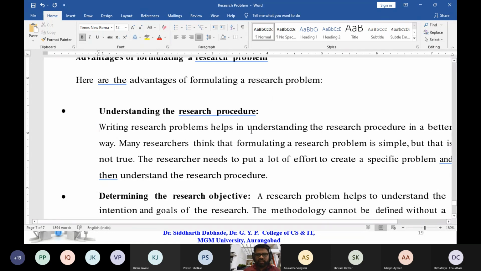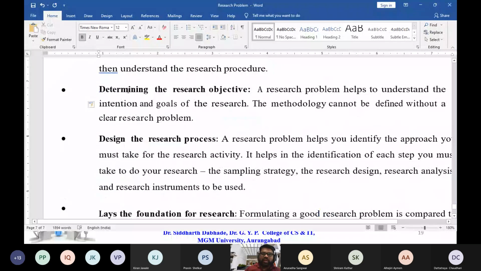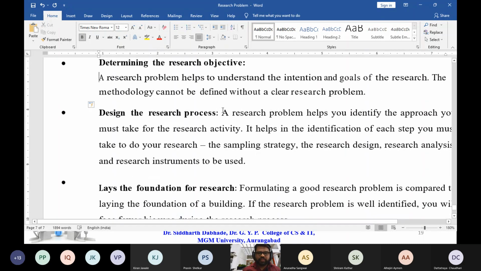So we require a proper understanding of your research procedure and research writing skill. Next, determining the research objective. Whenever you are trying to decide your research problem, you need to set the objective. Your goal should be clear, without any ambiguity.